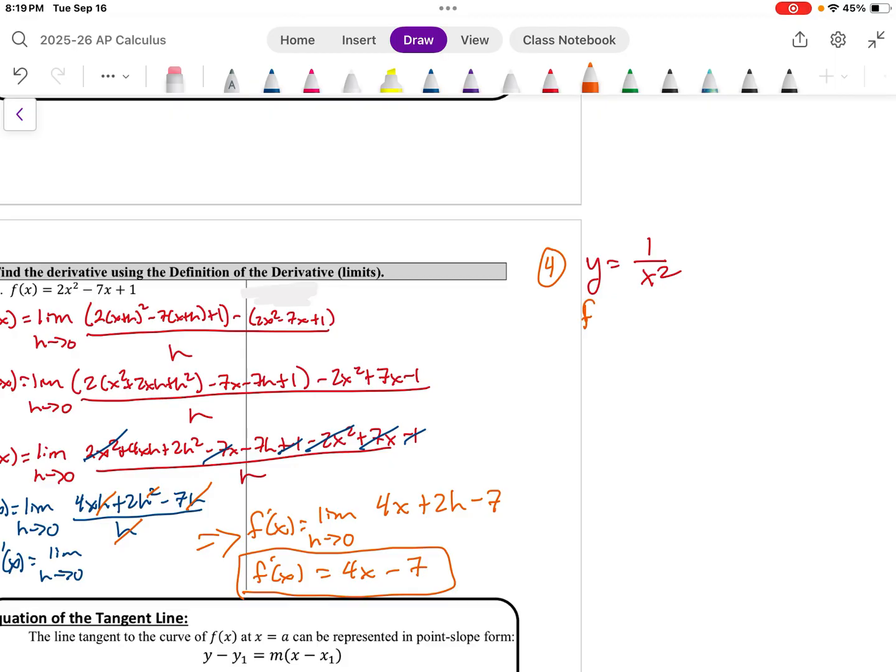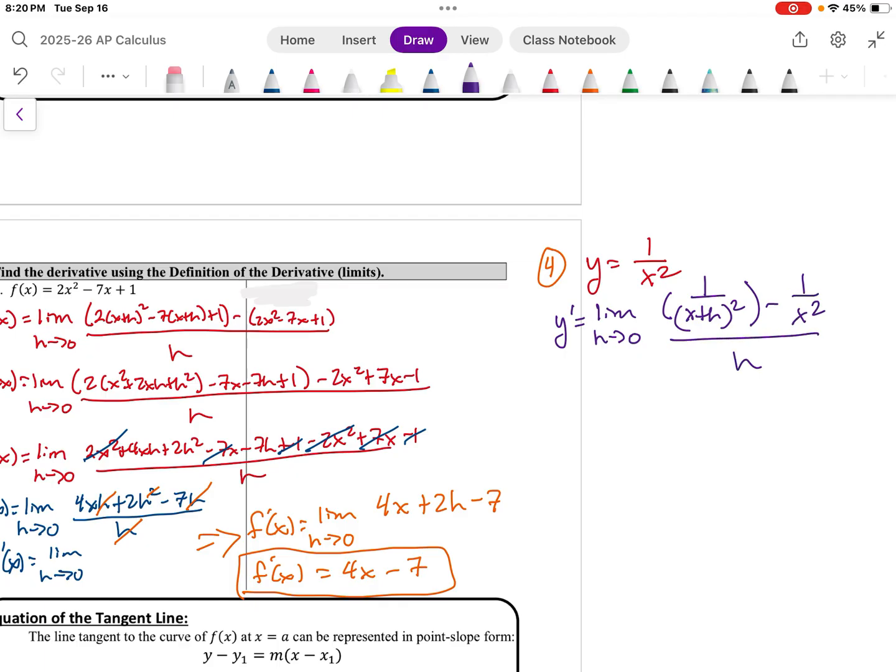They're using the Leibniz notation there with a y, so we can just go through and write it as y prime is equal to the limit as h approaches 0 of, okay, so it's the original function, 1 over x plus h quantity squared minus 1 over x squared, over h.